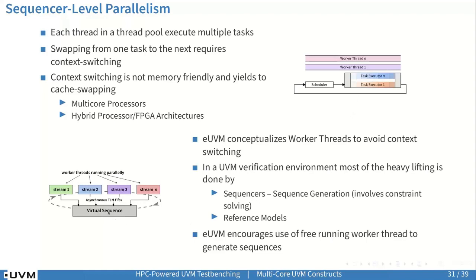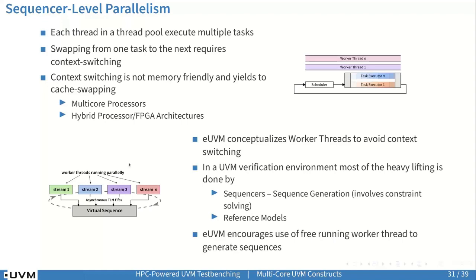This way, we can have virtual sequences which are fed by one or more threads. All those threads could be running in parallel, so they continuously generate sequences. The virtual sequence, which is part of the simulator, actually has blocking and non-blocking kind of stuff.